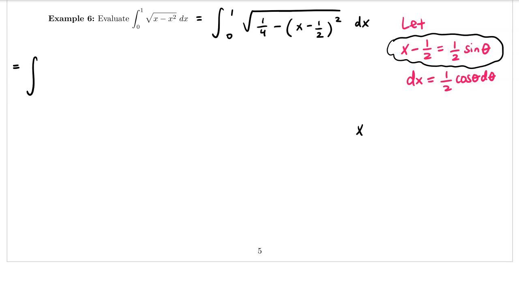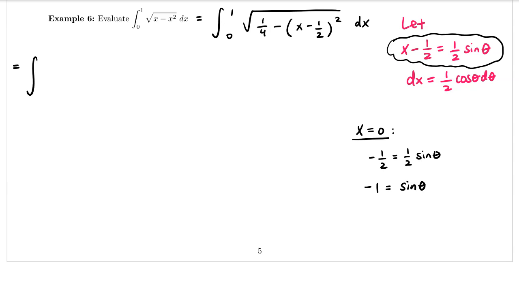So if my original lower limit was x equals 0, then I'm going to get 0 minus 1/2 is equal to 1/2 sine of theta. And then 0 minus 1/2 is just negative 1/2. Then from here, I can multiply both sides of the equation by 2. So I get negative 1 equals sine of theta.